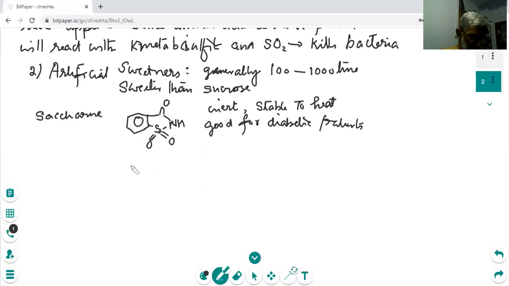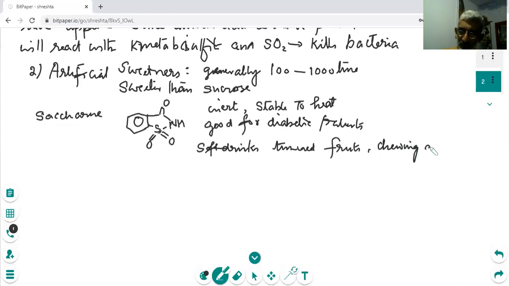This is very commonly used for many food items like soft drinks, tinned fruits, chewing gum, toothpaste, and many pharmaceutical products.